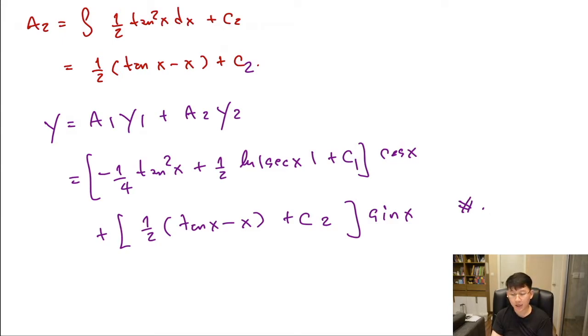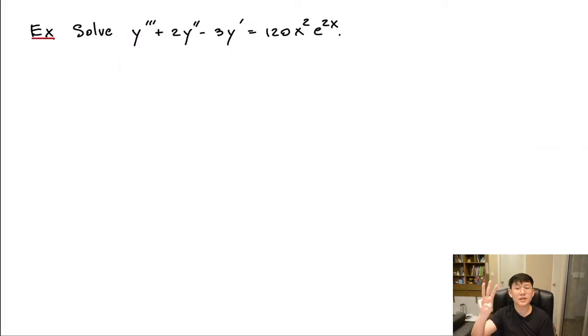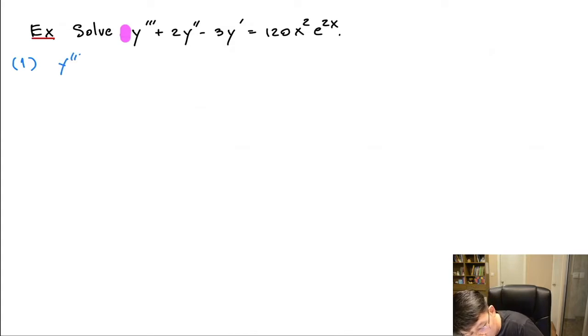The last example is when we have the third order. Okay guys, here the coefficient is 1 already, so you don't need to change the coefficient of y triple prime. So first we look at y triple prime plus 2 y double prime minus 3y prime equals 0, which means that we have m cubed plus 2m squared minus 3m equals 0.